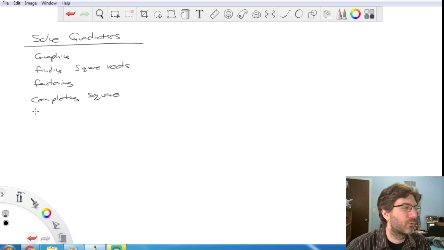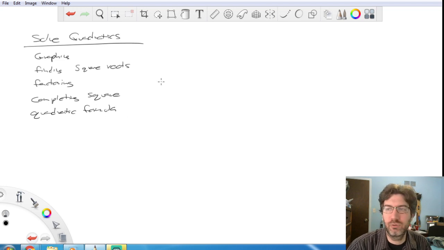And then we will look at the quadratic formula on solving them, which is probably the go-to way to do these, because it will work every time. These two will work every time.